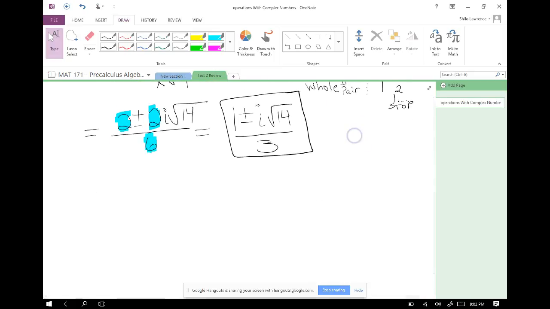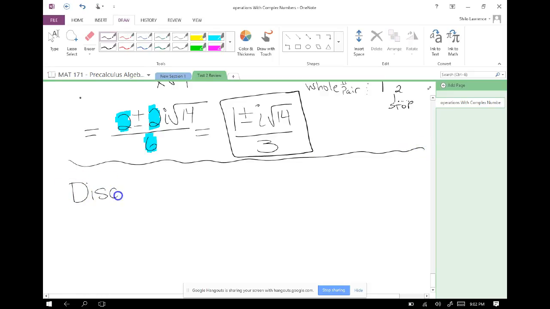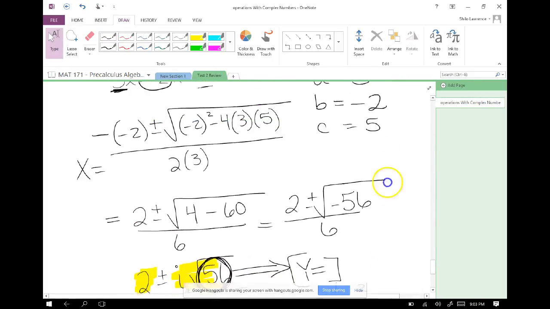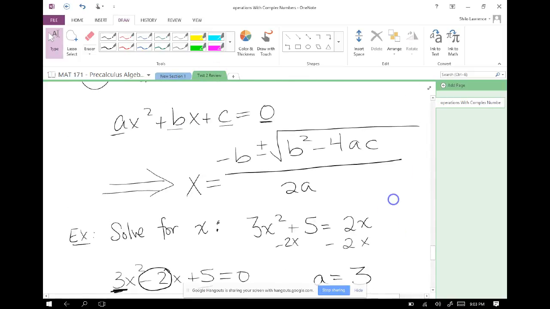There may be a couple of questions on the test asking you about the discriminant. And the discriminant has to do with a piece of the quadratic formula. The discriminant is b squared minus 4ac. And if you look back up here, b squared minus 4ac was the piece inside of the square root.